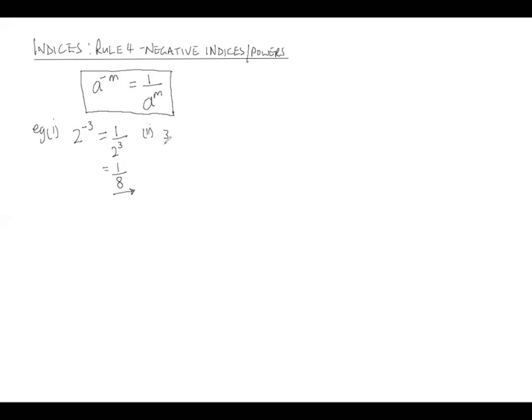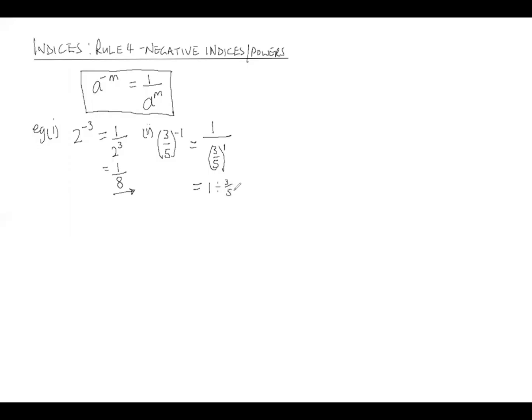3 over 5 to the power negative 1. So this is the same as saying 1 over 3 over 5 to the power 1. Now this looks like something that is very complicated, but it's very easy. If you know how to divide fractions, this is similar to saying 1 divided by 3 over 5.